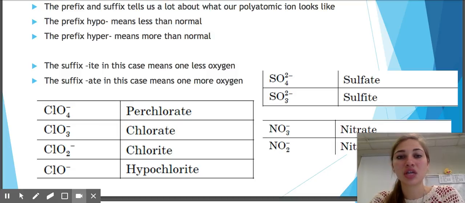So if we wanted to change this to the per-sulfate, we would have to increase this 4 to a 5, which is different than our chlorate one, but we can still use our prefix and suffix to figure out how many oxygen there will be. Basically, all you need to be given is 1 in the series. So like if we're talking about our sulfur series, we just need to be given either sulfate or sulfite so we can determine what ending goes with which number of oxygens.